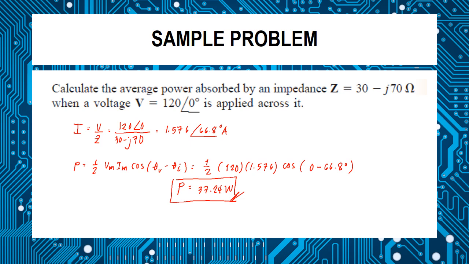And then for the angle, theta V, the phase angle of voltage, is 0, and theta I, the angle of the current, is 66.8 degrees. So we have the average power equal to 37.24 watts.